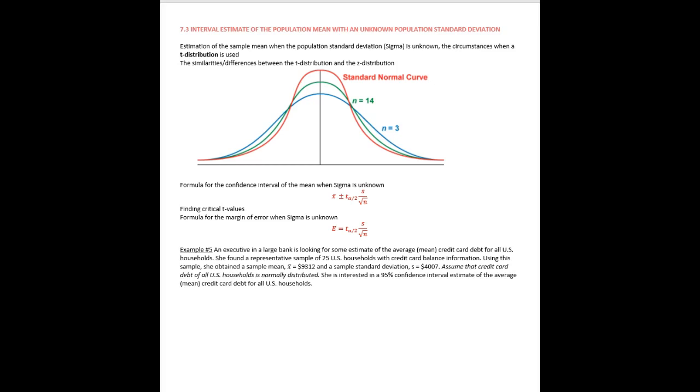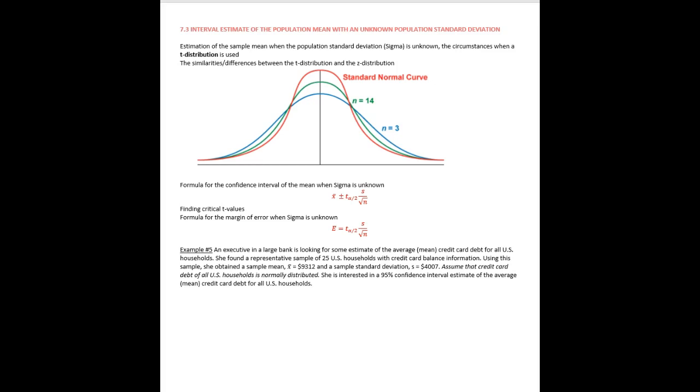These t-curves approach the normal curve. They get taller and taller, approaching the normal curve all the way up into infinity. They're flatter for n values that are lower, and taller for n values that are greater. As you get to a really large n value, you start to approach something that looks like the normal curve, and thus the t values that you obtain start to look like z values.